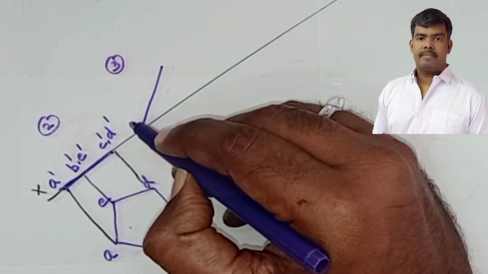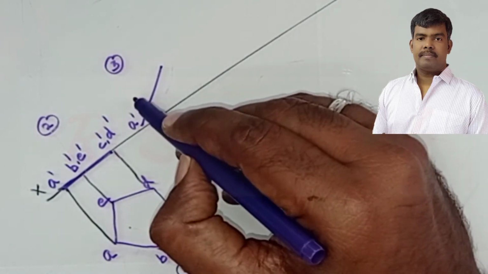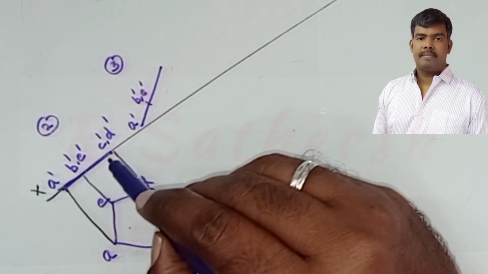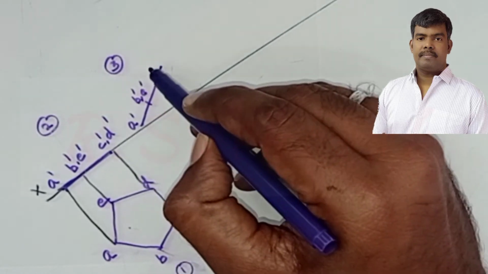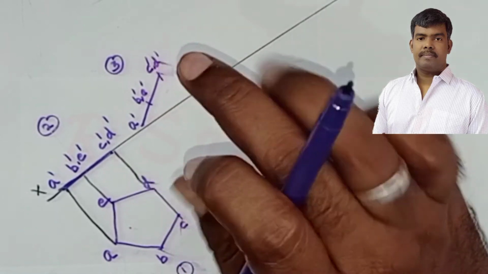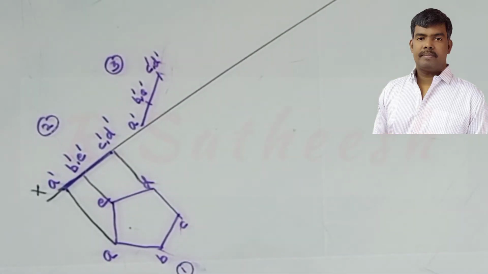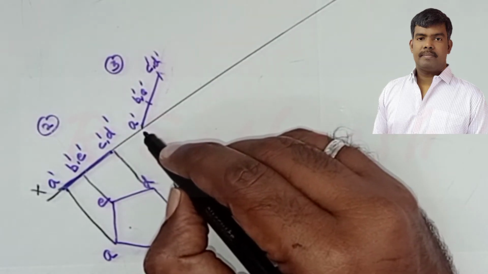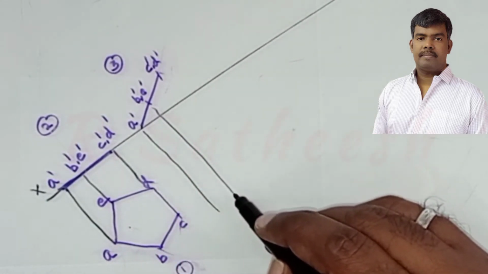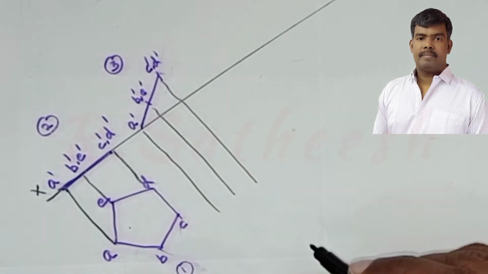From A to B, how much distance, this is B dash and also E dash. Next B to C, how much distance, this is C dash and also D dash. Right. Then you project from A dash, from B dash, E dash, then from C dash, D dash.